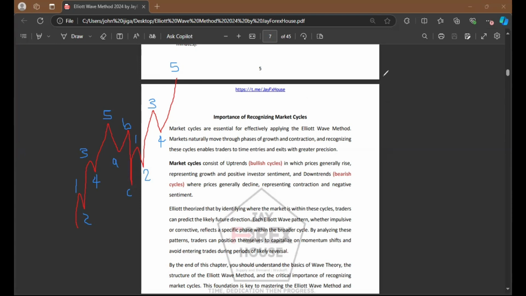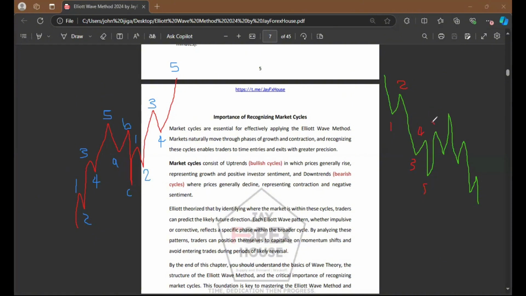Let's break down a downtrend. The downtrend will be, okay. So this would be one, two, three, four, and then five.